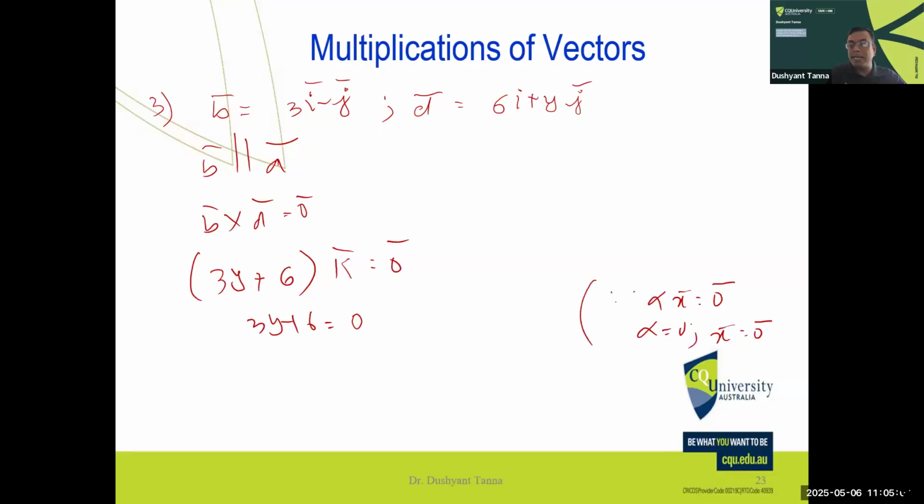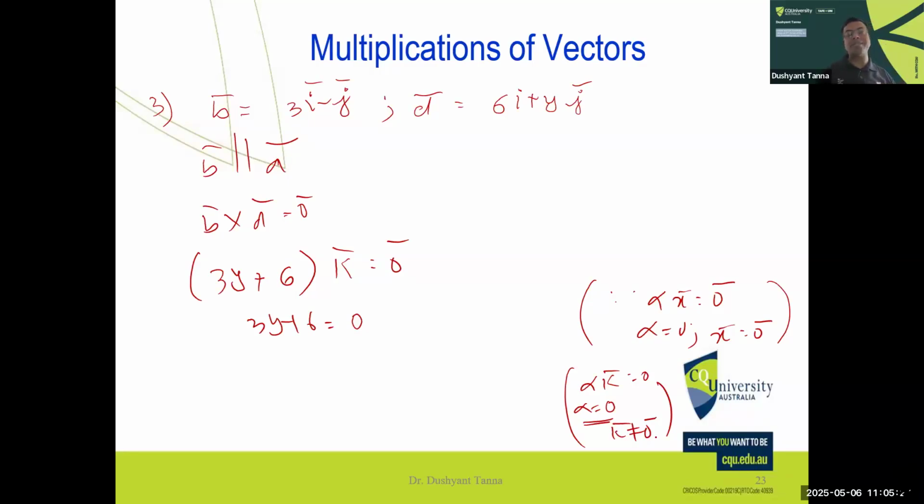Yeah. In our situation, alpha k bar is 0. Alpha is 3y plus 6. Since k is not a 0 vector, this will give you alpha is equal to 0. K is a unit vector in the z direction, right? The perpendicular to A cross B direction.